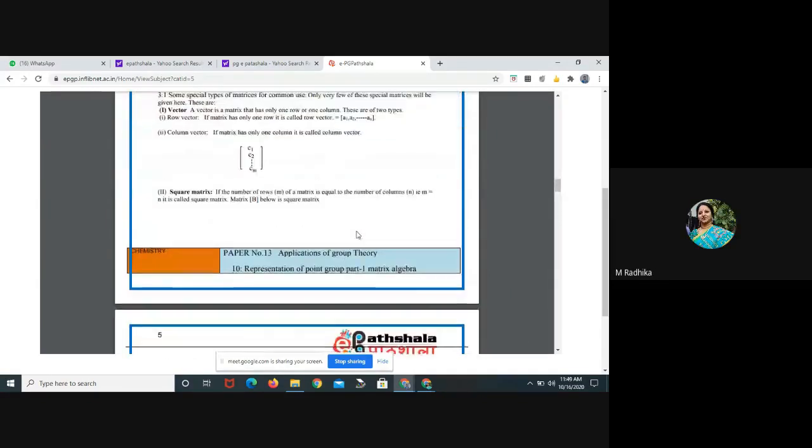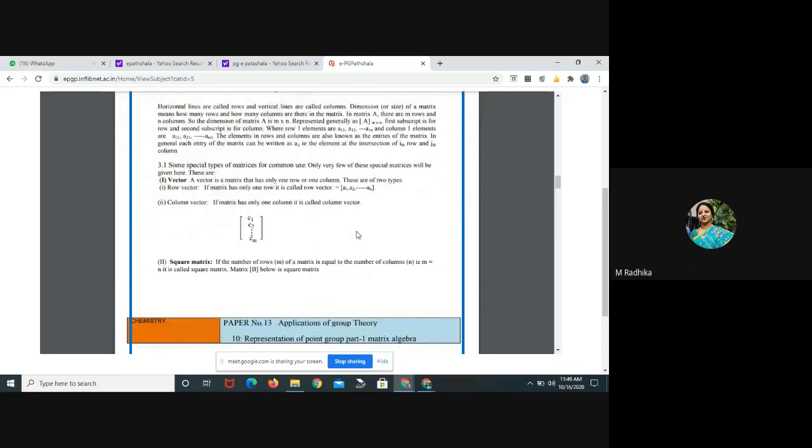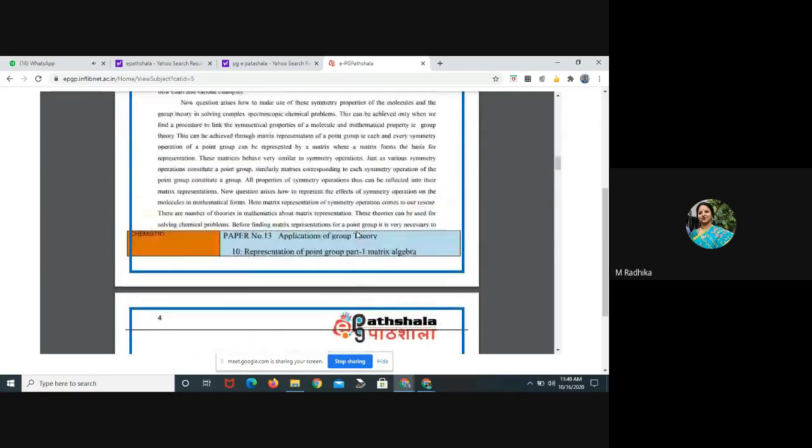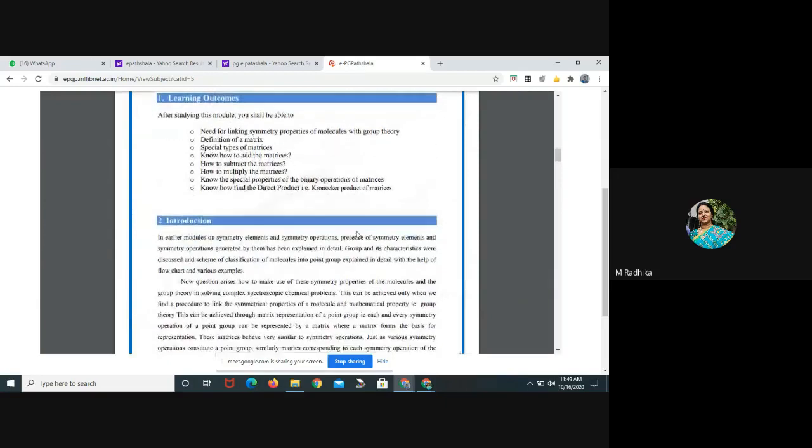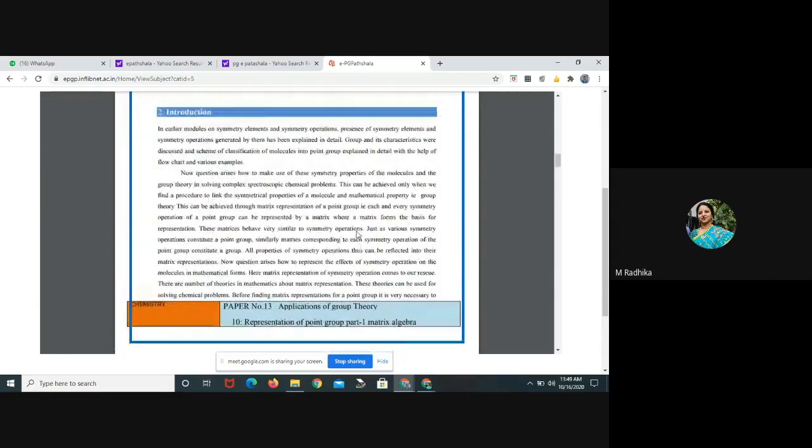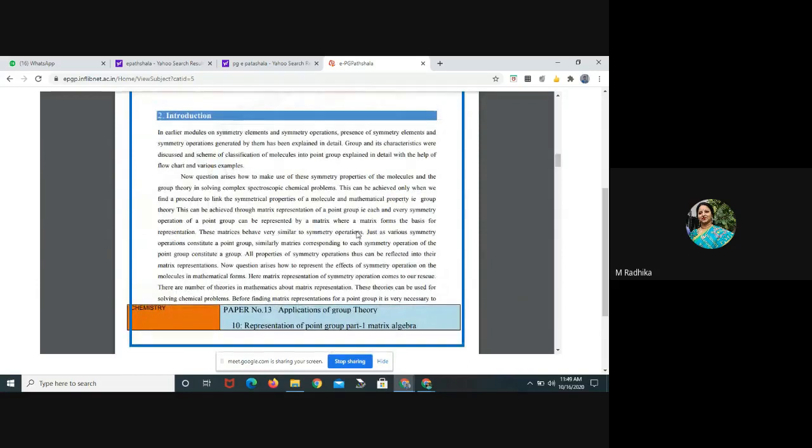After that basic information regarding symmetry, today I want to talk about matrices. In your earlier classes you have studied symmetry elements and symmetry operations, up to point groups.